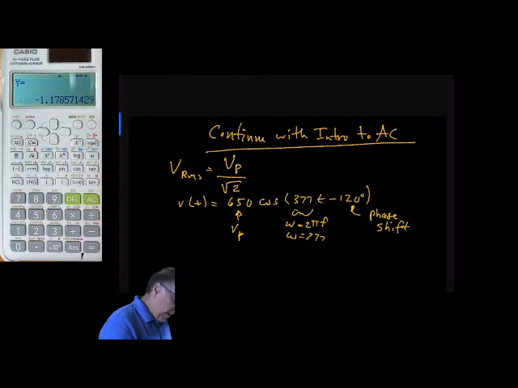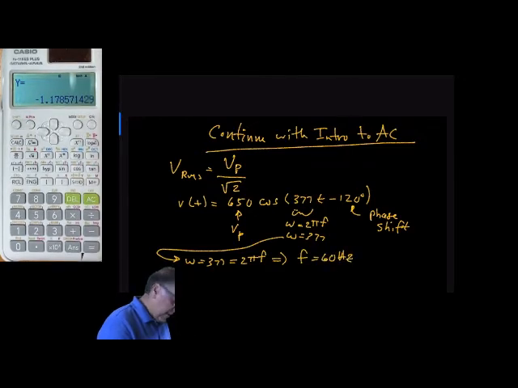So we can rewrite omega here as omega equals 377 equals to 2 pi f, which implies that f is equal to 60 hertz. So 1 over f is the period, is equal to 16.7 milliseconds.